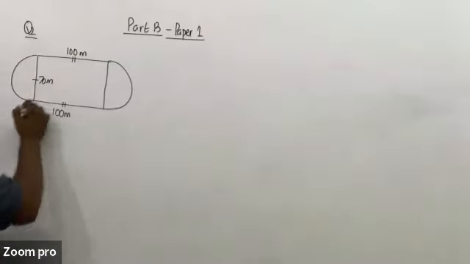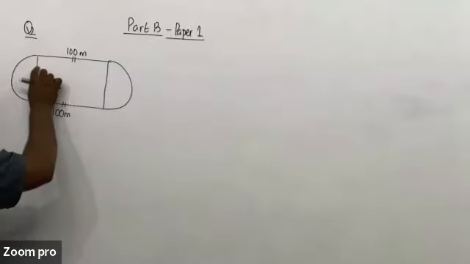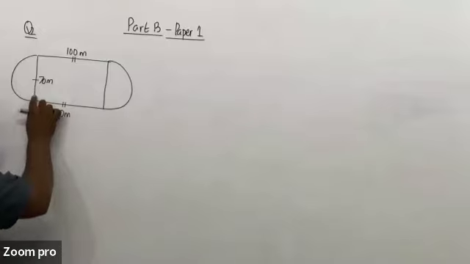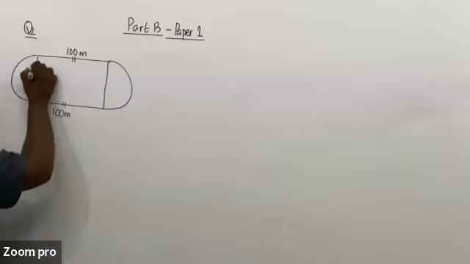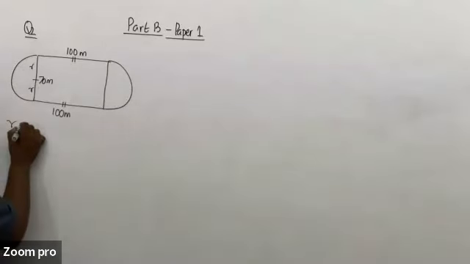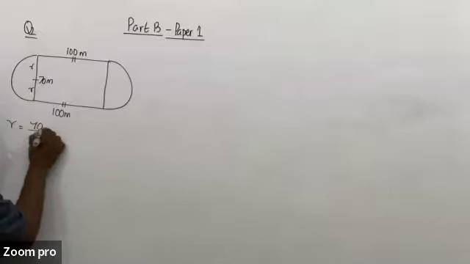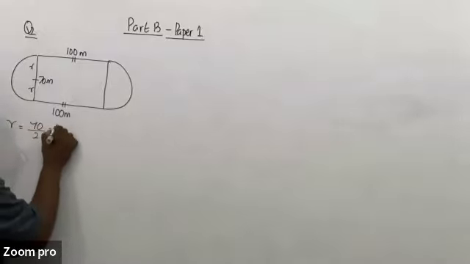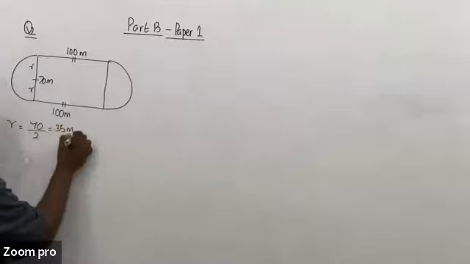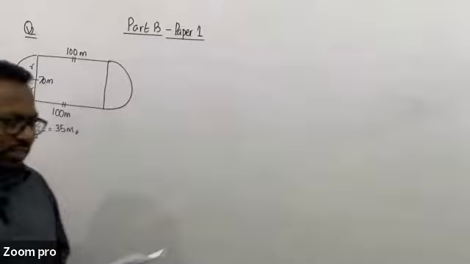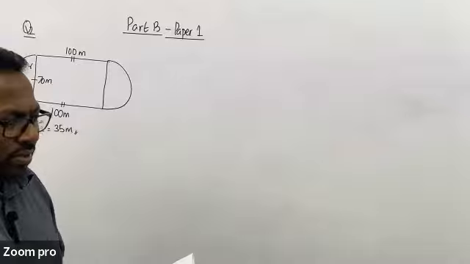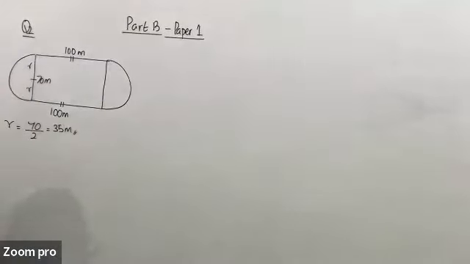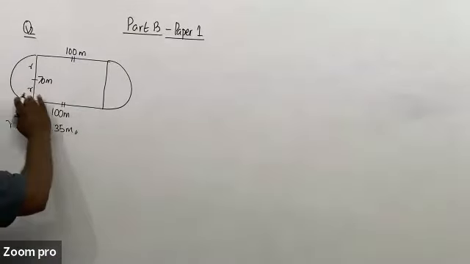We know this 70 meters is your diameter, so this becomes your radius, and your radius therefore is 70 divided by 2, which is 35 meters. Okay, so let's find the arc length, that is this length.